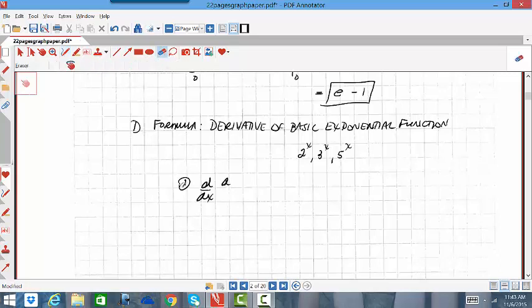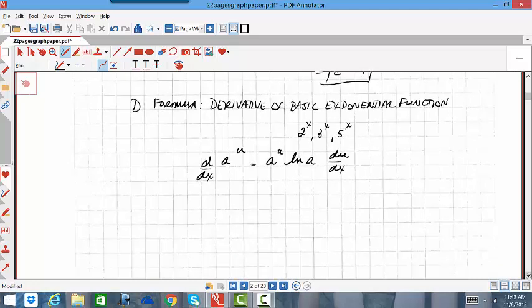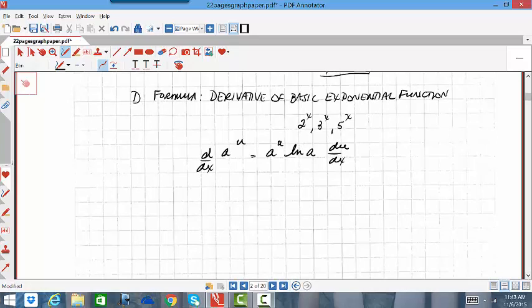It's a to the u, which would be like 2 to the x, and the derivative of it is a to the u natural log of a, and then du dx. That's the property. Alright, so let me apply it. It's really not difficult to apply. So suppose we have d/dx of the exponential function 3 to the x.